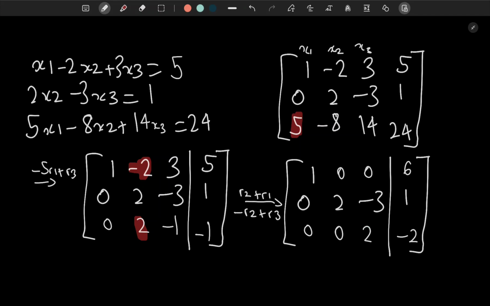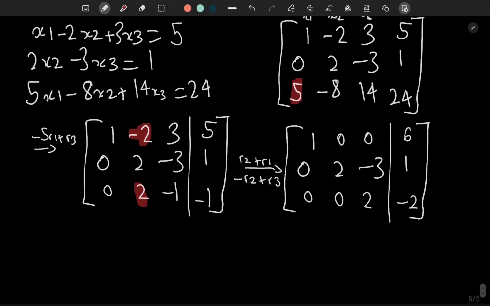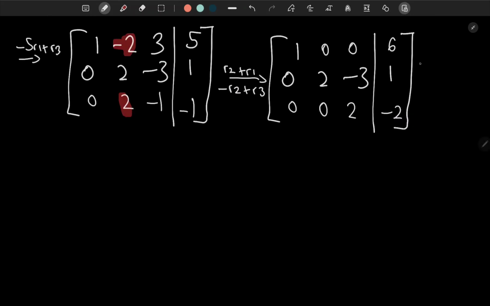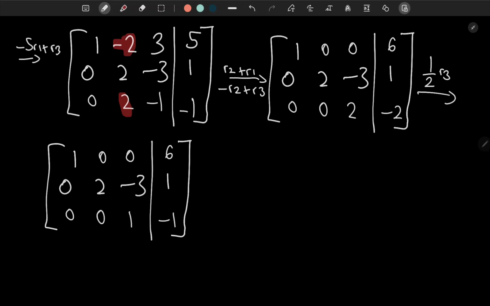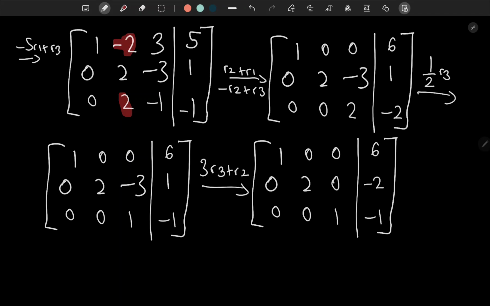So now let's divide row 3 by half. It will be half R3, and then the matrix will be this now. Now we can use row 3 to get rid of this -3, which will be 3R3 plus R2, and this will give us the following matrix.